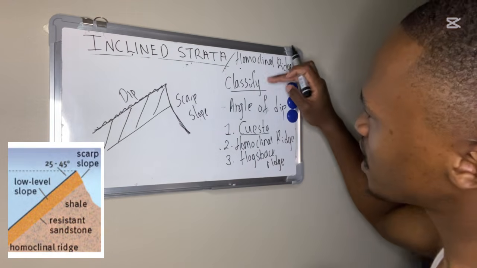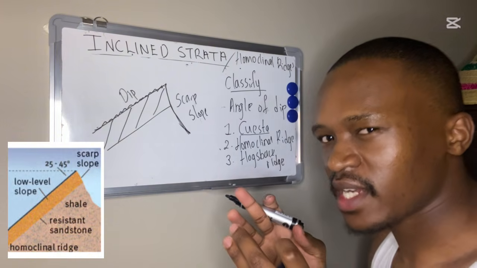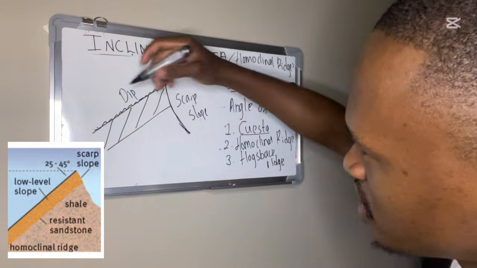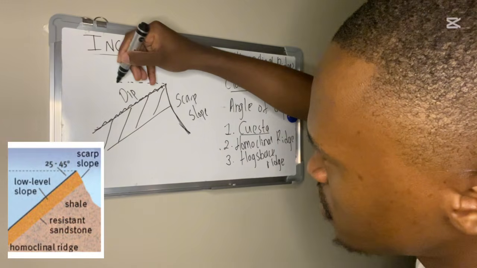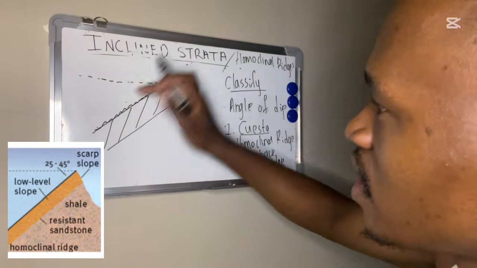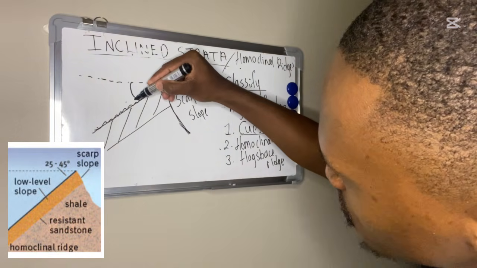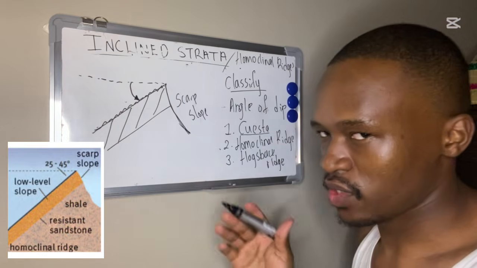I told you when we tell the difference between them, we look at the angle of dip. This is my dip slope, so let me draw my imaginary line, the horizontal one. Can you see it? Now I need to look at the angle at which it dips. The first one, the Cuesta, was 10 degrees to 25 degrees.